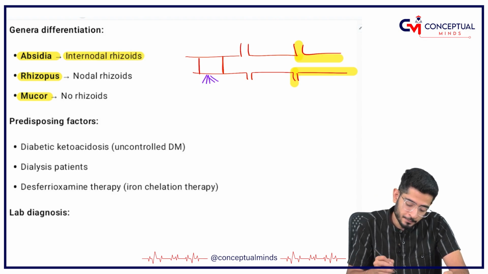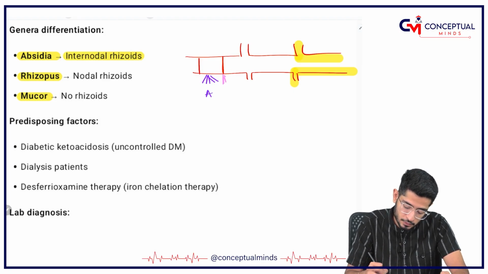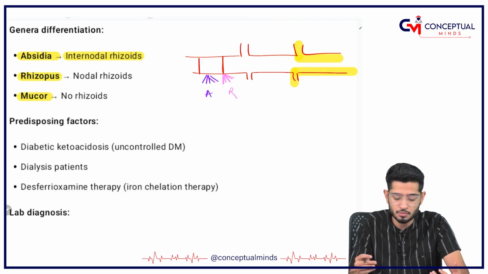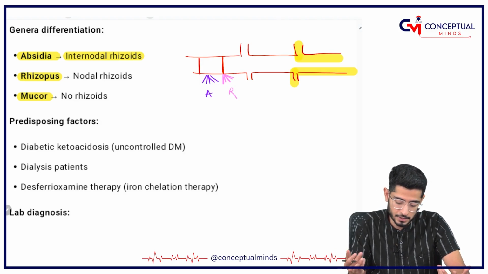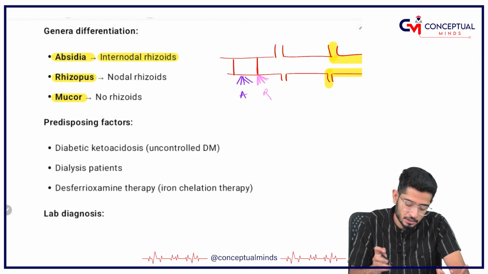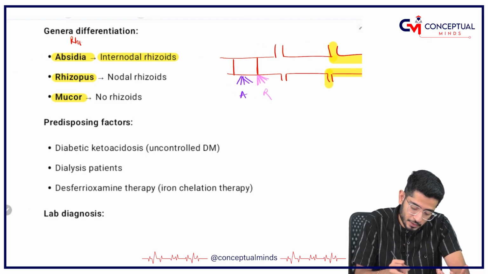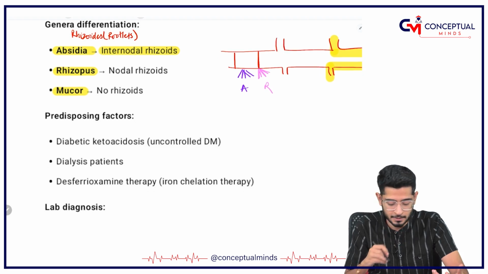So this is for Absidia. Rhizopus has the nodal ones. So this is the Rhizopus, whereas Mucor has no rhizoids. What are rhizoids? Rhizoids are the rootlets actually. Mucor has nothing.